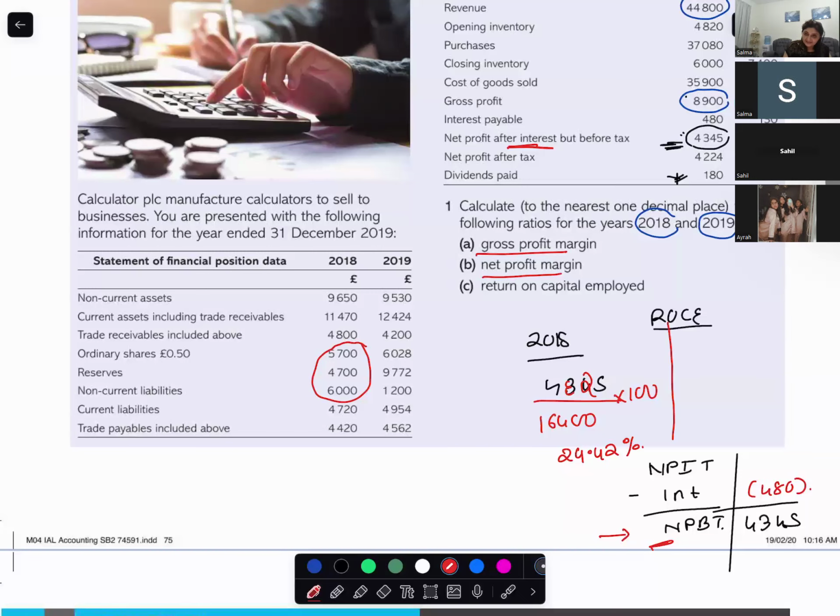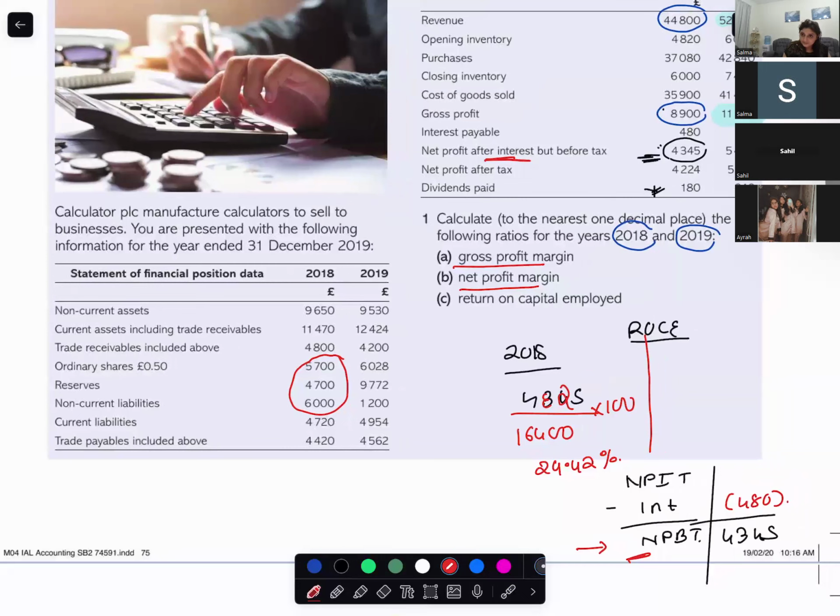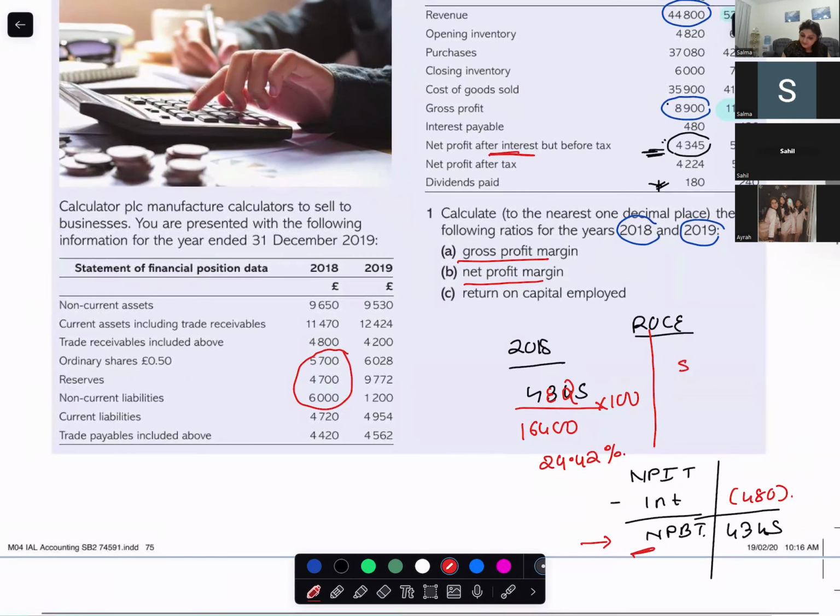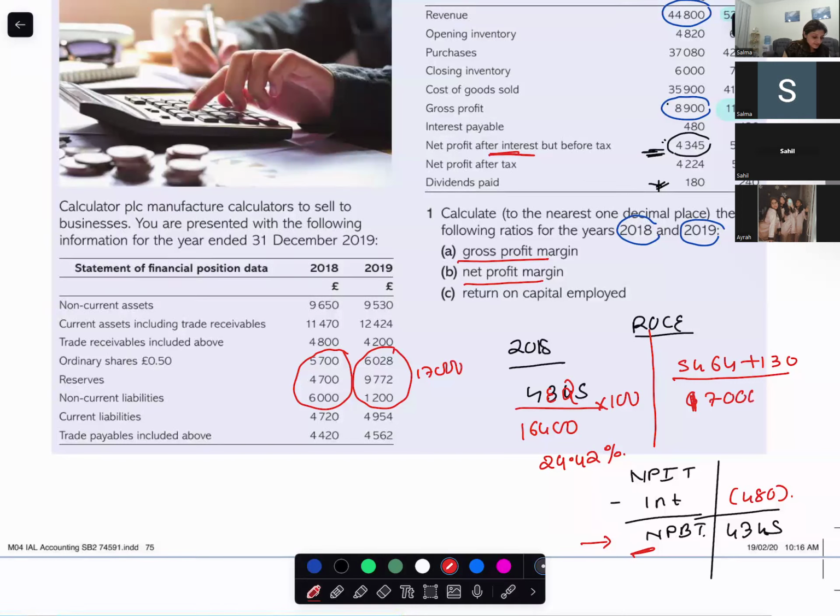For 2019, it will be 5464 plus 130, divided by 17,000, into 100. So this is 32.91%. I hope it is done.